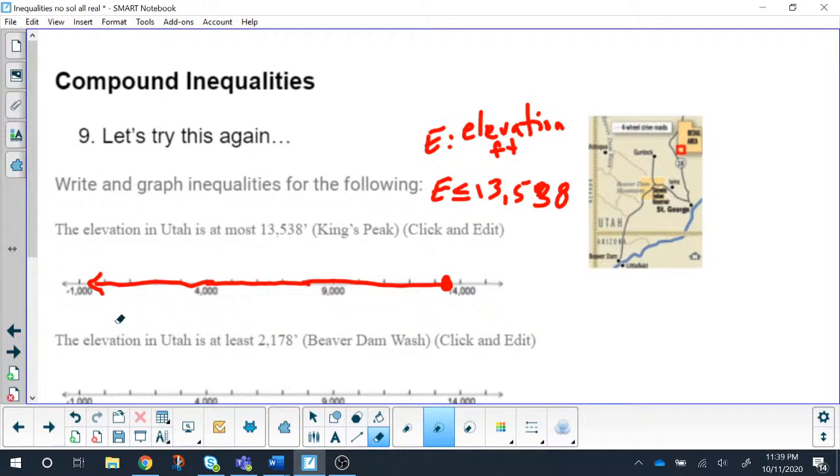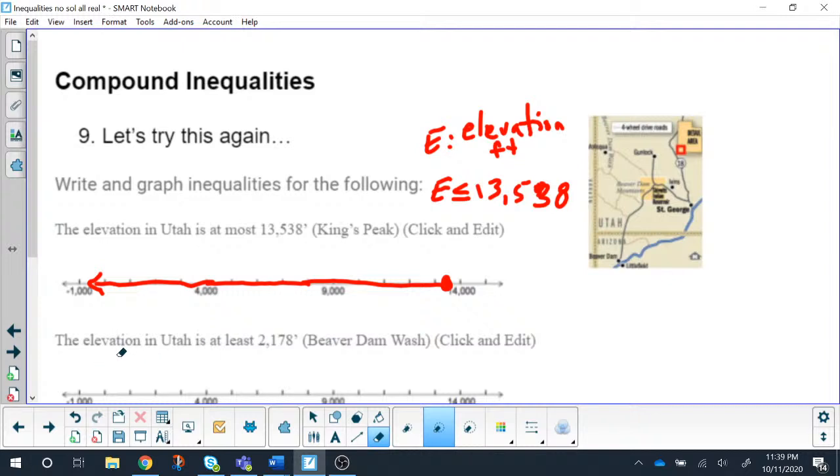Now, maybe you already see an issue with my number line. If I just keep going and going to the left without a bound, that doesn't quite seem to fit, because there's actually a low point in Utah.